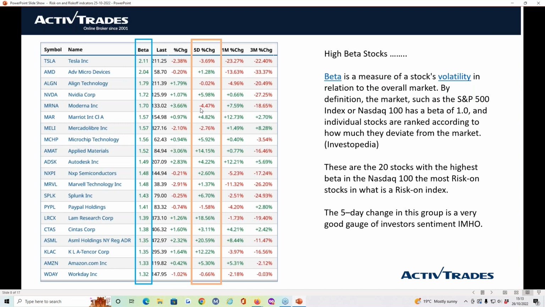And again, the reprise of that Fed pivot narrative, which is gripping the market so strongly. So the 5-day change in high beta stocks within the top 20, or you could extend it to the top 30 highest beta stocks within the NASDAQ 100, or indeed within the S&P 500, is certainly something to keep an eye on.